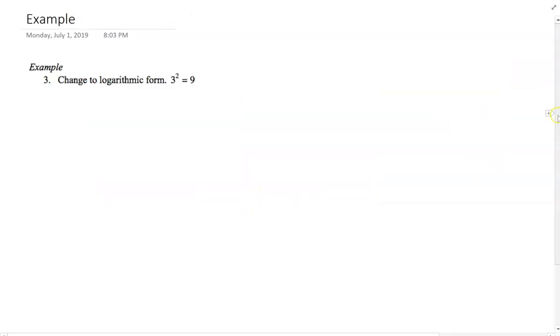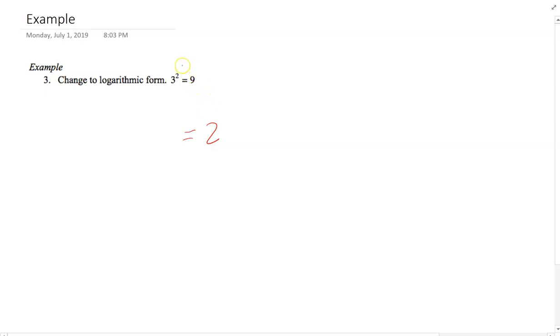Let's look at an example. We want to change from exponential form to logarithmic form. Now, 3 squared equals 9. So this exponent right here, 2, will go on your right side.